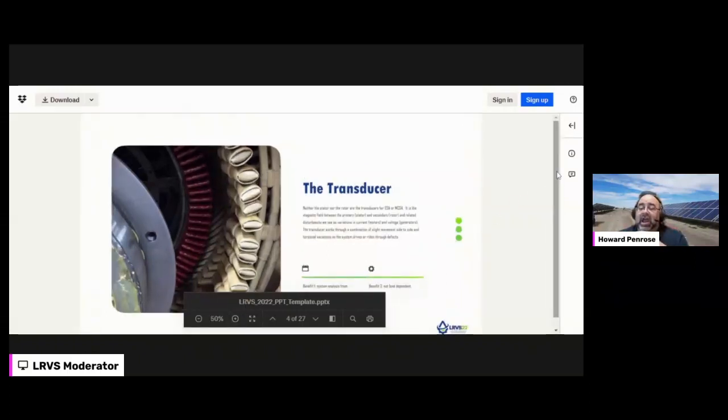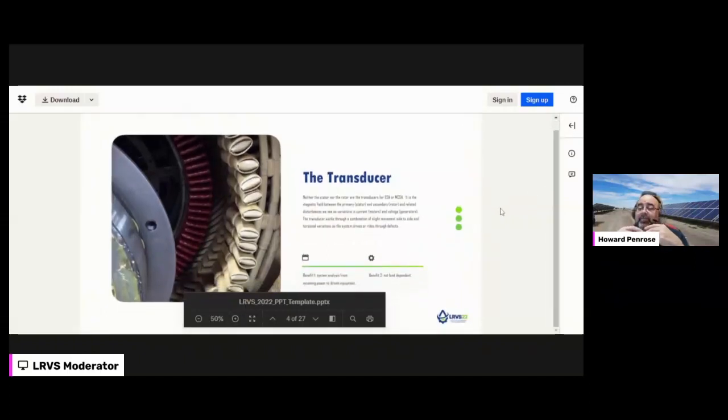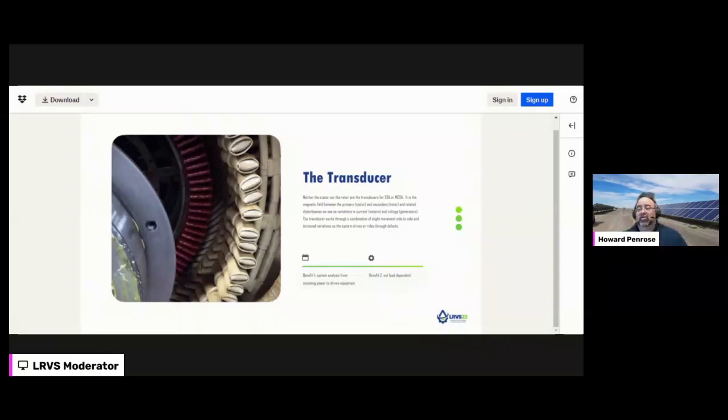Whether I'm looking at a machine that's 20% loaded or a machine that's 120% loaded, the amplitudes don't change, meaning that I can trend regardless of the load on the machine. Next slide, please.